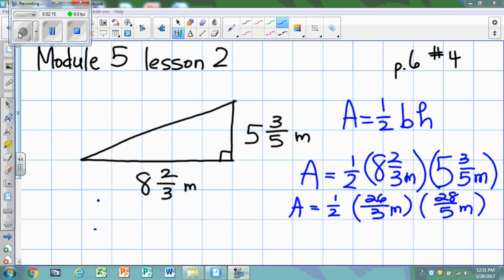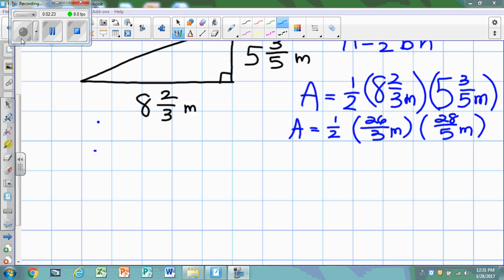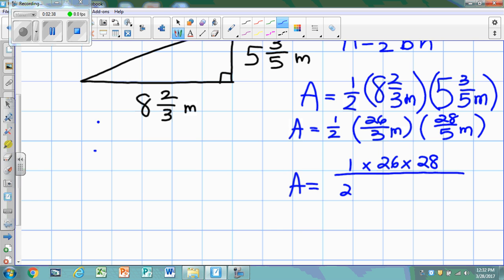Okay, so I want you to take out calculators because we're going to do some math here. So I can rewrite this with all my numerators all together. 1 times 26 times 28, and then 2 times 3 times 5, and I know I've got meters squared.